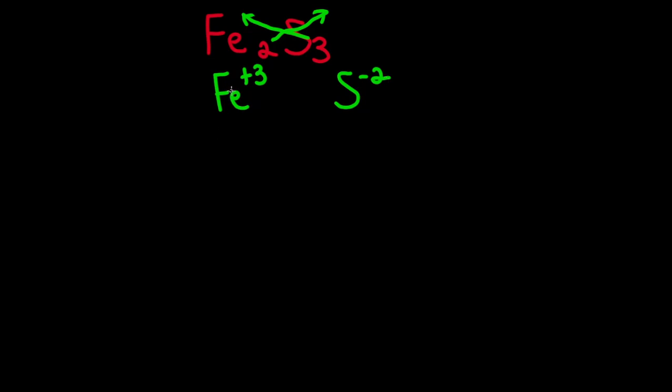Okay, so I look up Fe on my periodic table, and that's going to be iron. I see that my charge is +3, so I'm going to give it a 3 Roman numeral. And my sulfur, since it is an ion, it's going to be iron(III) sulfide.